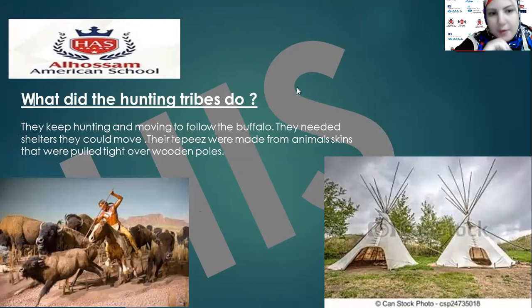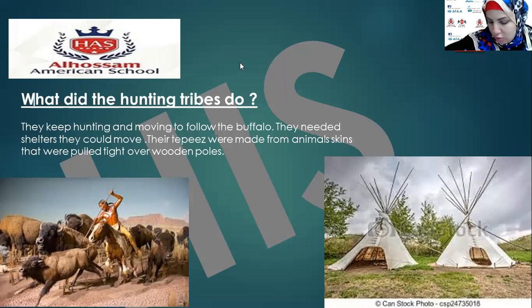Now put yourself in the shoes of those people. Then you are going to find that they should move to hunt from one place to another. They need shelters that could move.